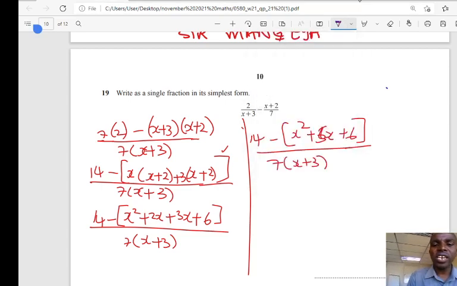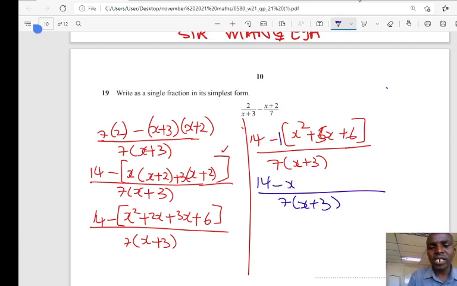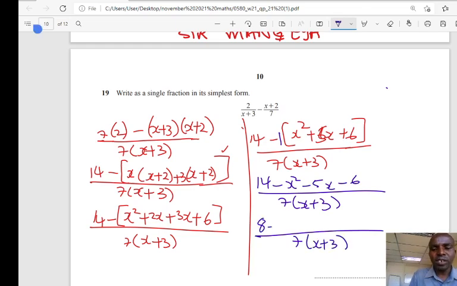Maintain your denominator: 14 minus x squared minus 5x minus 6. Then collect like terms: 14 minus 6 is 8, minus x squared minus 5x. Then you can say that will be your answer.